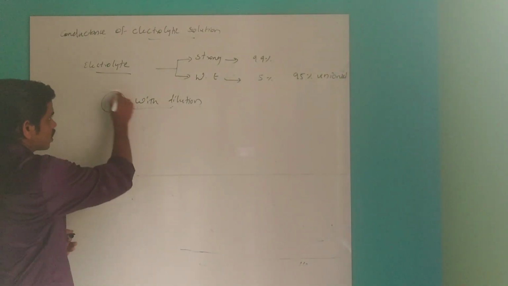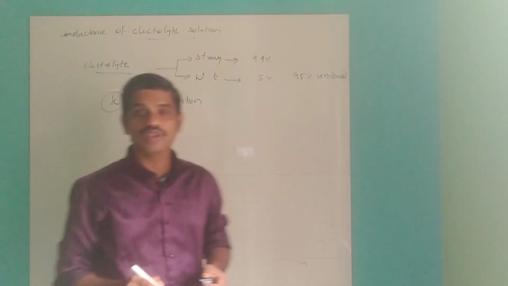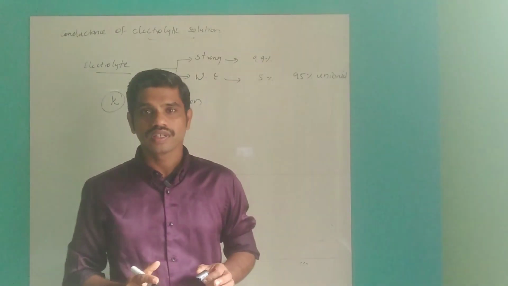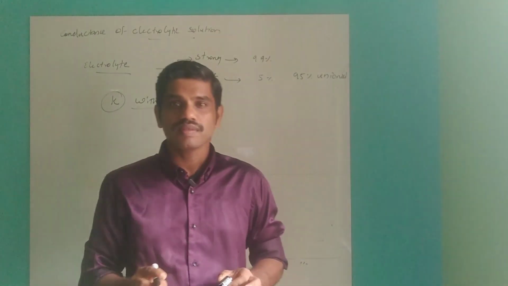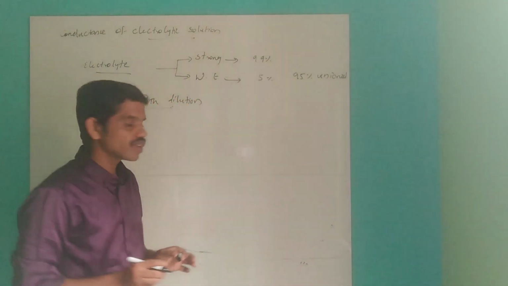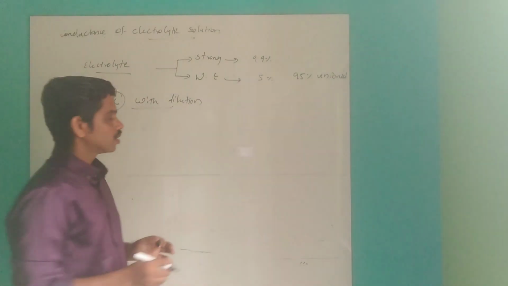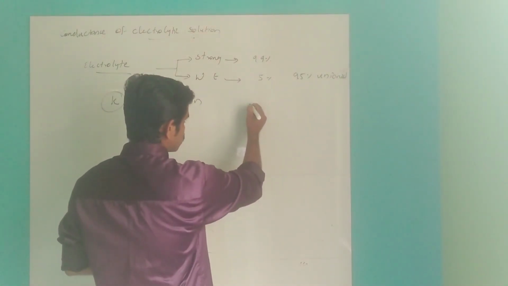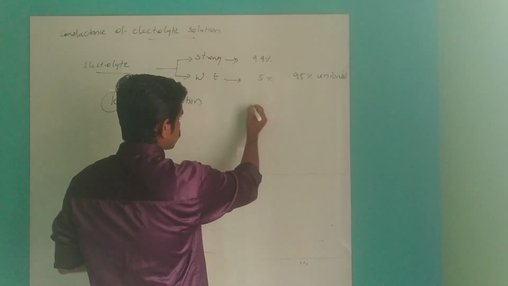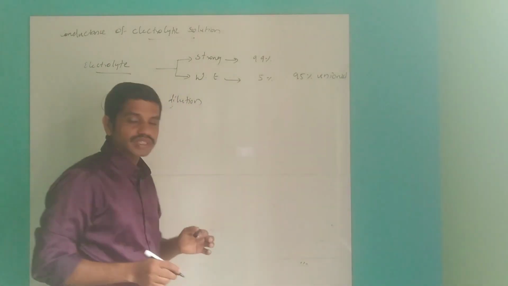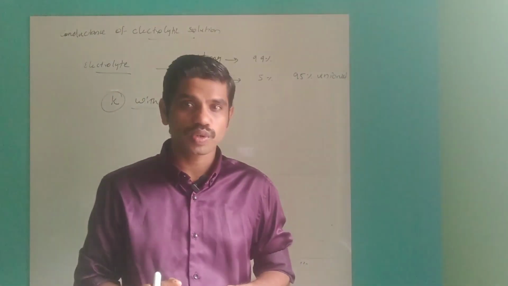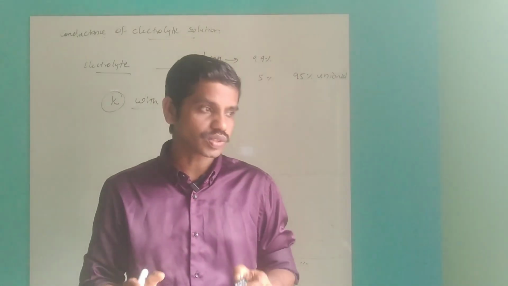So what do we mean by conductivity? We are talking about electrolytes. How will you define conductivity? Conductivity is the conductance produced by a unit volume of the solution.